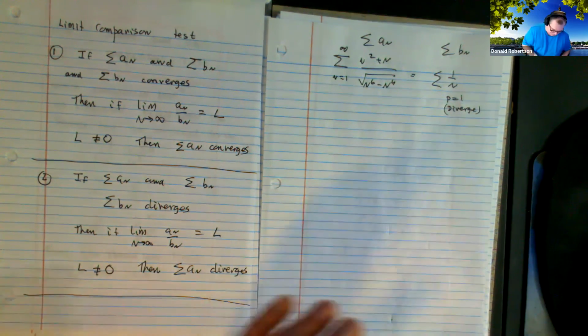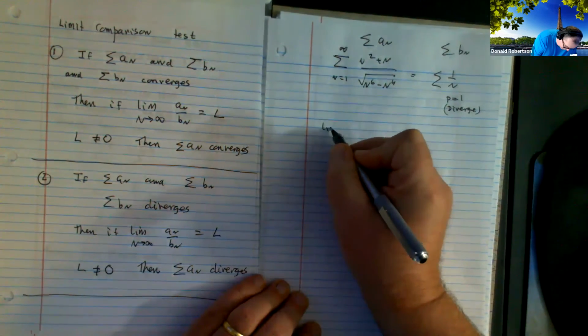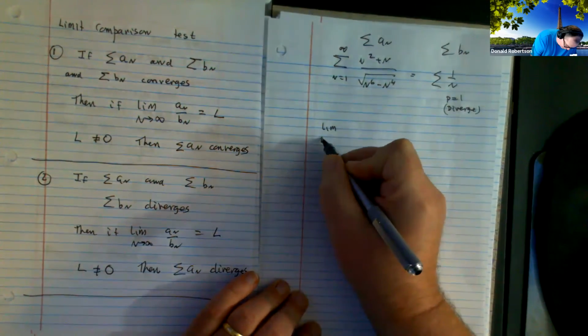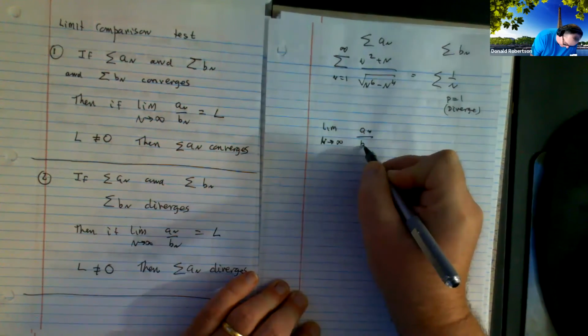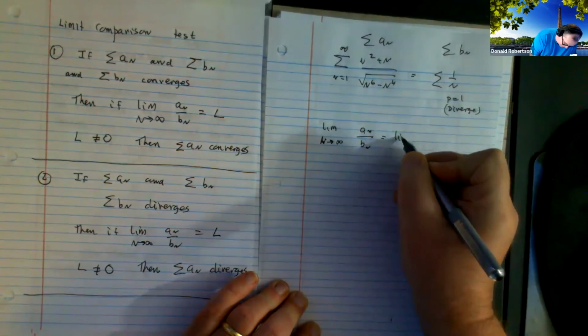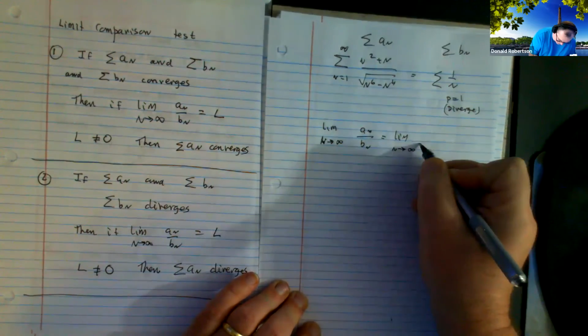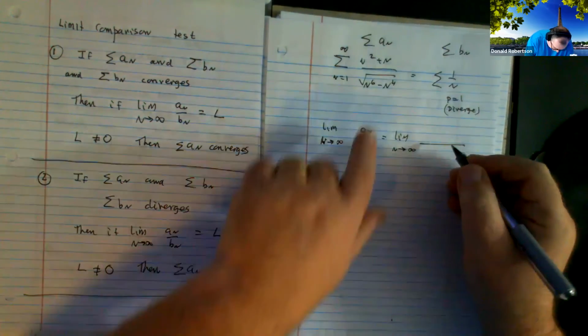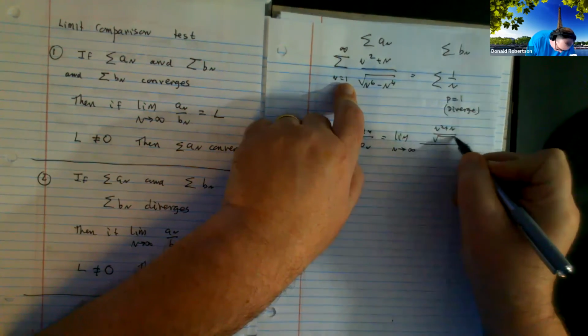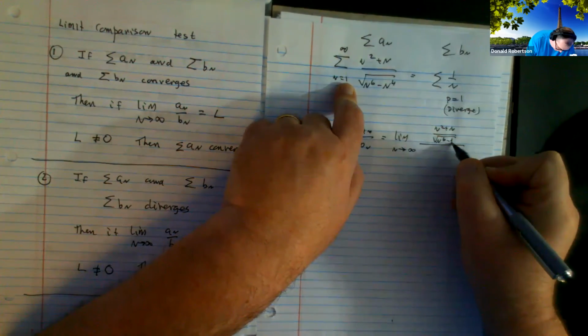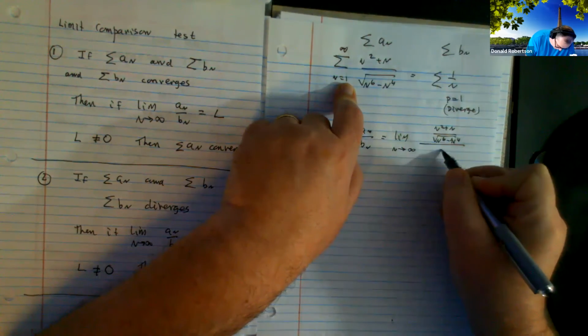So you've got to do it. So we are going to find the limit as n tends to infinity of an over bn. And that's going to be the limit as n tends to infinity of this very ugly fraction over that one.